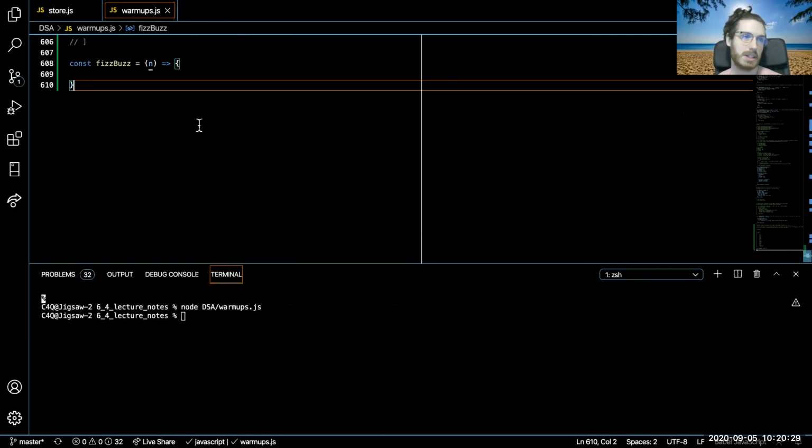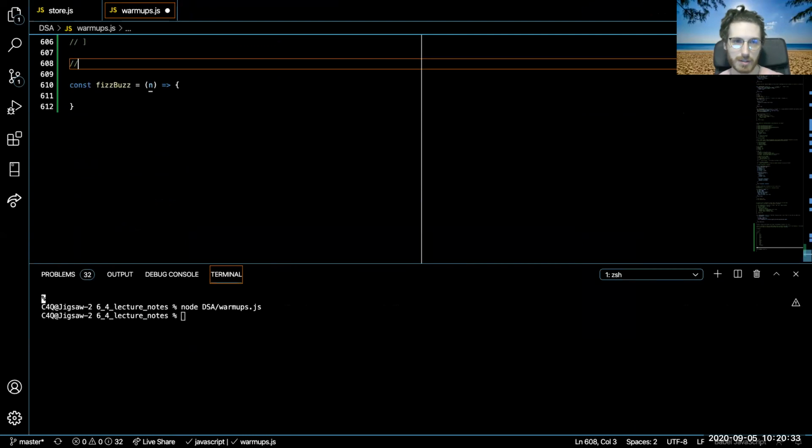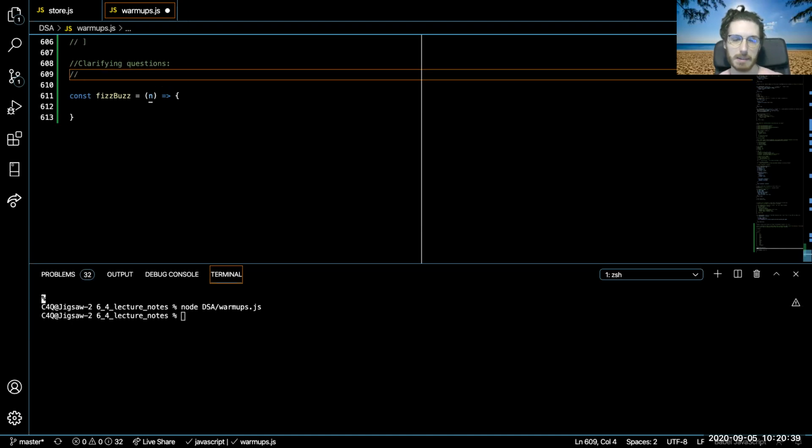Good clarifying questions are really about inputs and outputs. We should be asking about inputs and outputs and make sure we really understand.